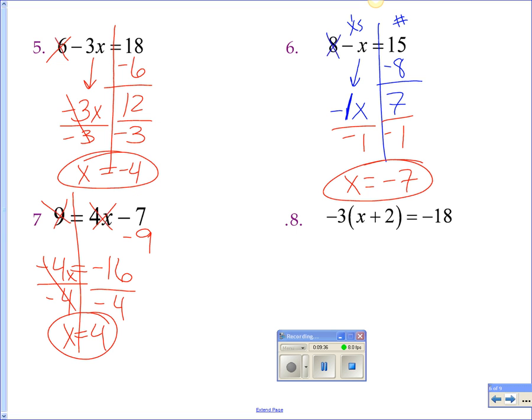And number 8. Negative 3, parentheses, x plus 2 equals negative 18. Tyler, what do you do first?